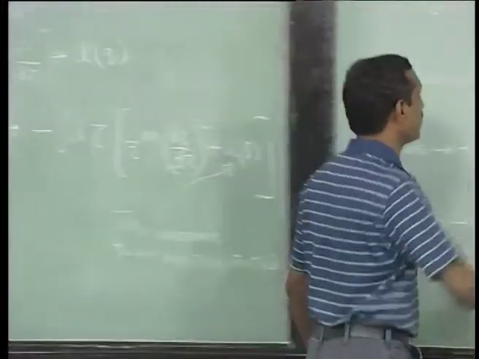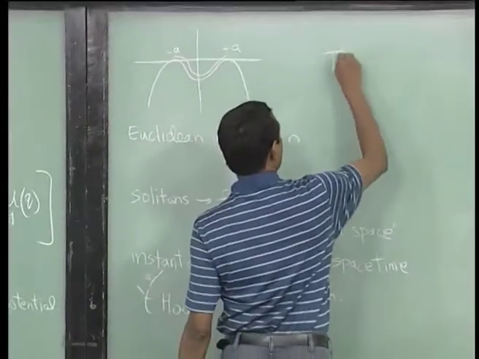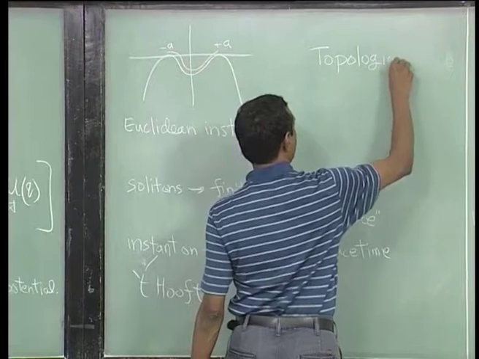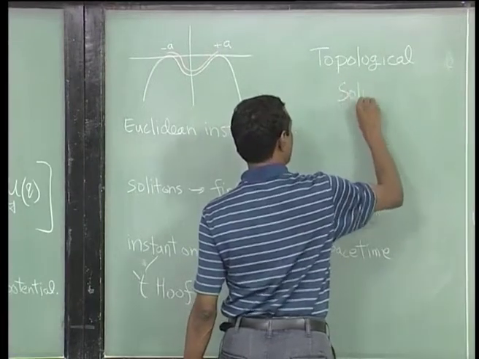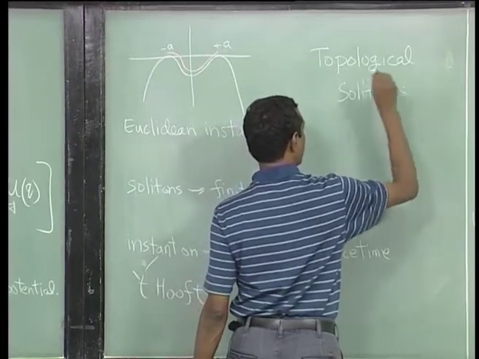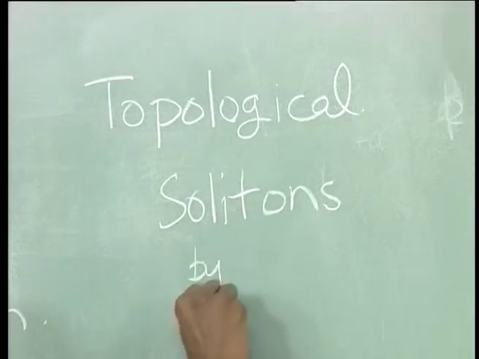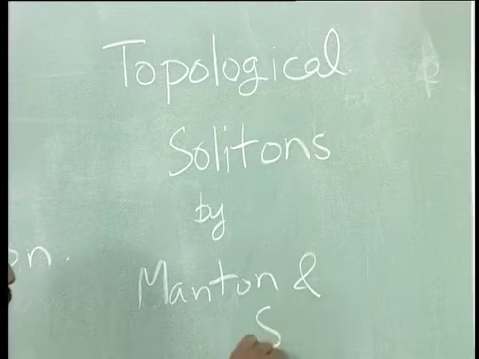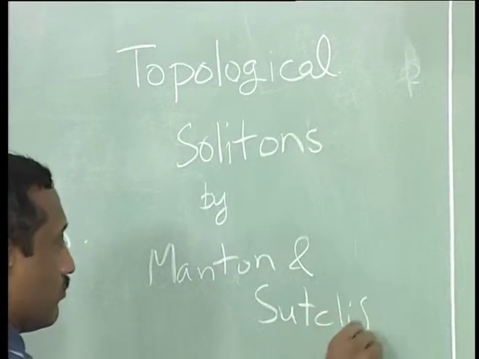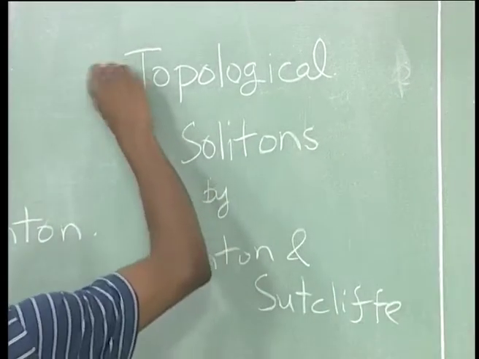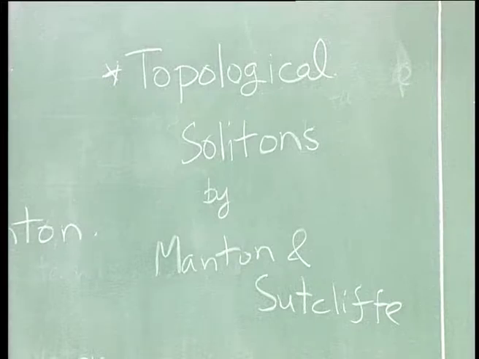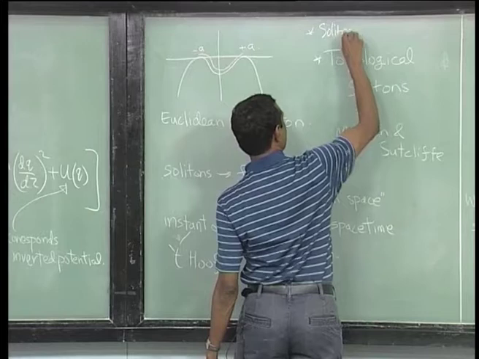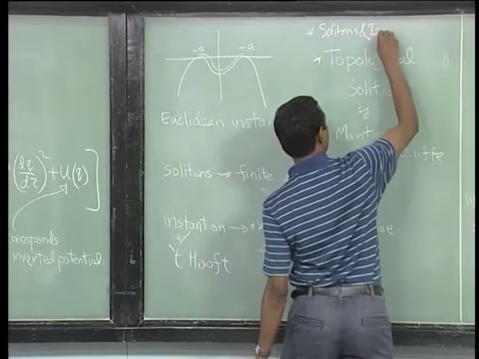I also discovered a nice book called Topological Solitons by Manton and Sutcliffe. So this is one book, and there's of course the one I just mentioned, Solitons and Instantons.